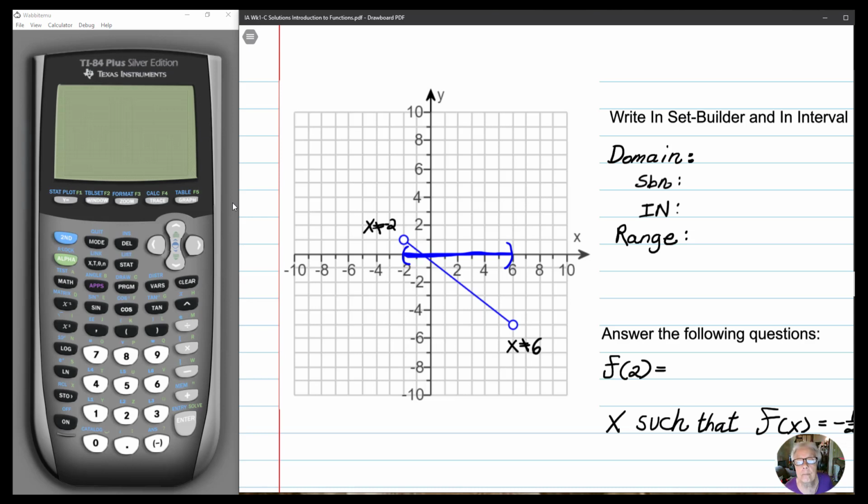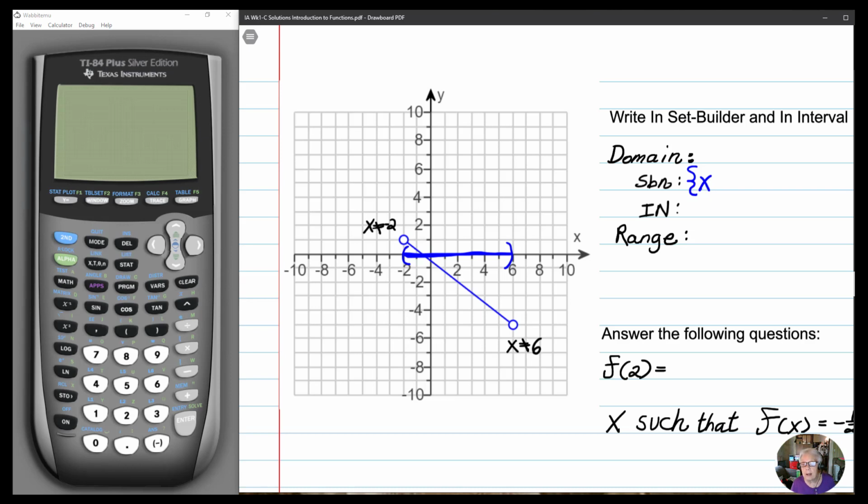All right, I'm going to come up here and write the domain in set builder notation. All the real numbers are the numbers in our number system, and they are on the x-axis and on the y-axis.